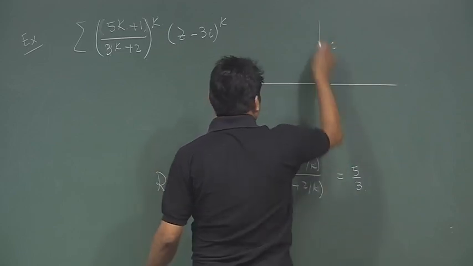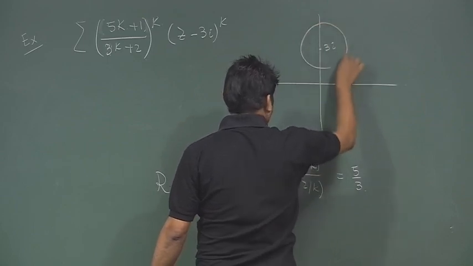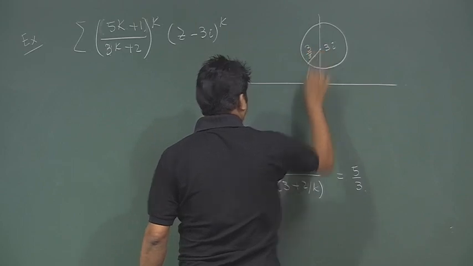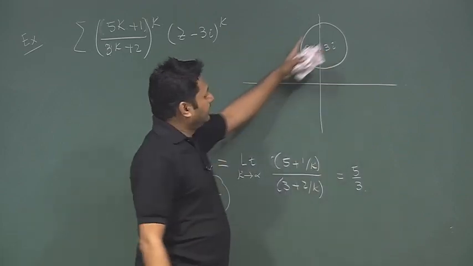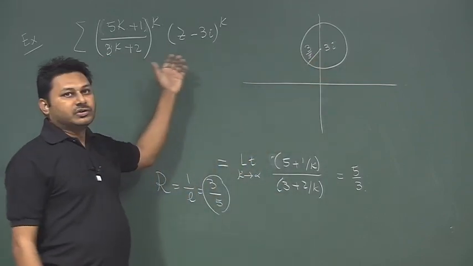If I make a circle around 3i whose radius is 3 by 5, something like this, then this is the region of z for which the series will converge.